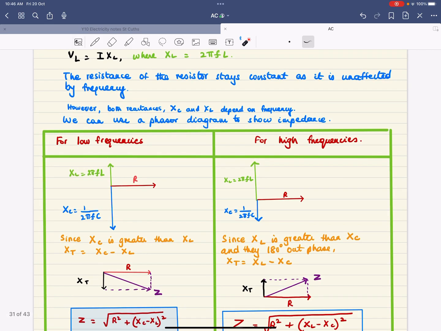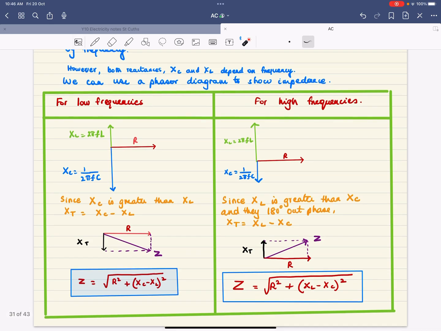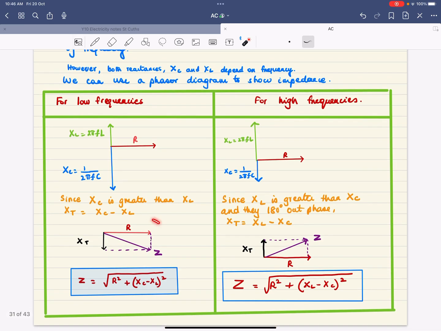So when you do XC minus XL, you end up with something like this. So what is your impedance? You look at that one. You've got R squared and then (XC minus XL) squared, and you complete your parallelogram, and that's your impedance. And this is for low frequencies.